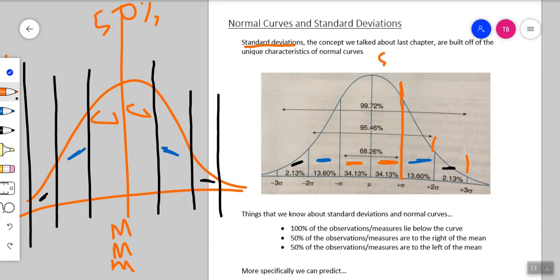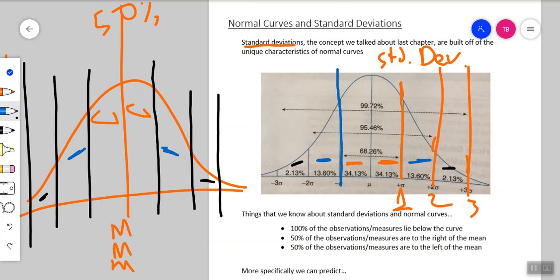Each one of these is a standard deviation. So each one of these little tick marks is one standard deviation. This one right here is one standard deviation, this is 2, and this is 3, and it goes on and so forth. Technically, it goes on almost infinitely. The same thing on this end.